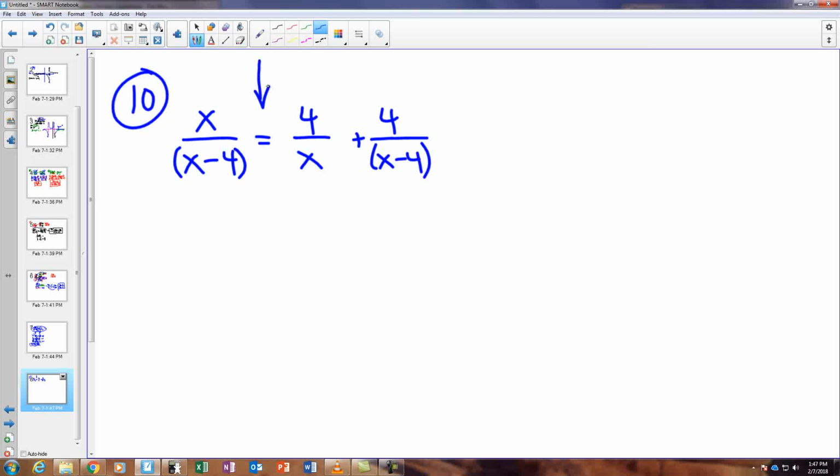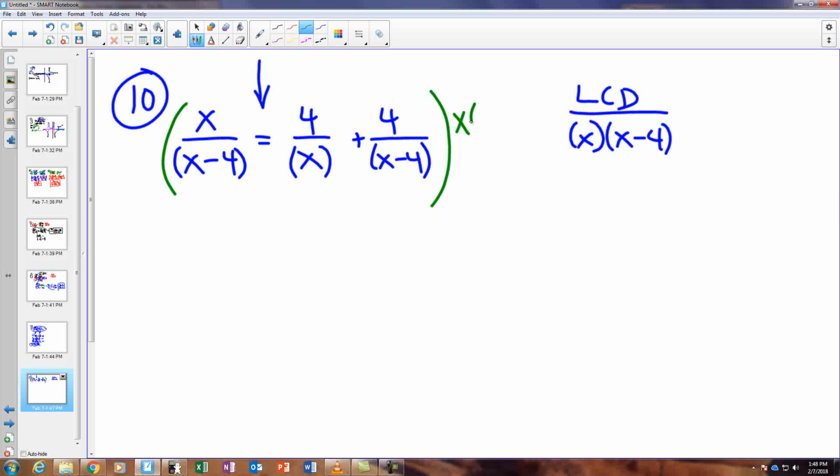Because of the equal sign, if I can find the LCD, I can multiply through by the LCD and destroy all the fractions, get rid of all of them. If I look through here, I see an x and I see an x minus 4. Sometimes you think about the LCD in terms of, would everything cancel one at a time? The answer should be yes.